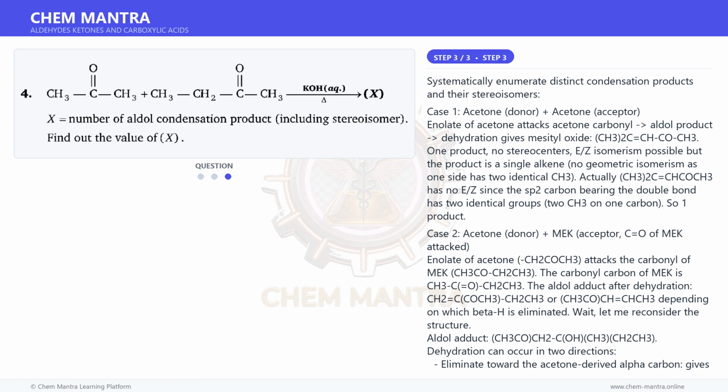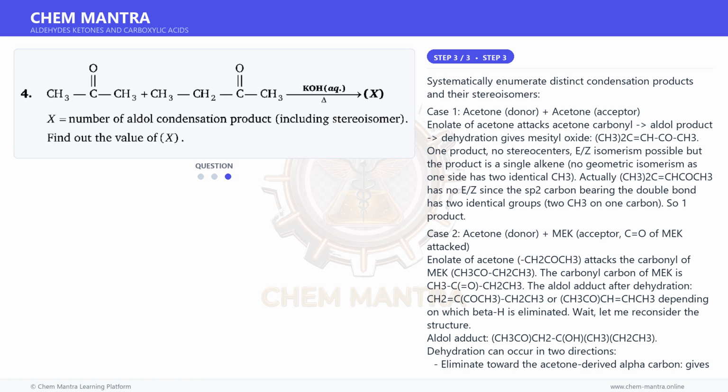Self-condensation of MEK via the CH3 enolate, CH3CH2COCH=C(CH3)CH2CH3, E and Z, 2 products. 3. Self-condensation of MEK via the CH2 enolate attacking MEK, see above, can give products with stereocenters.